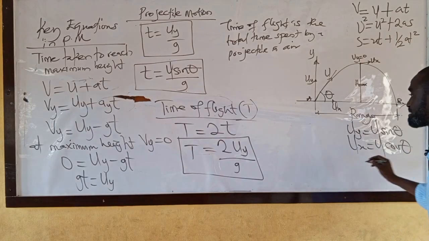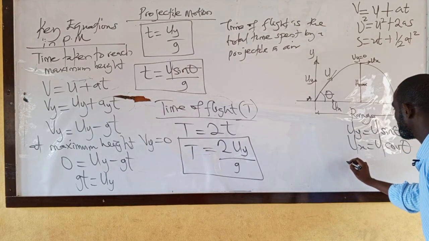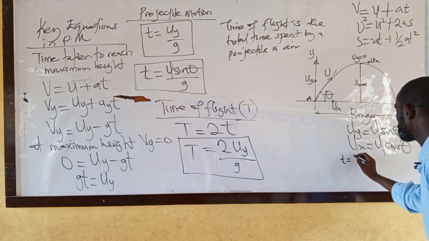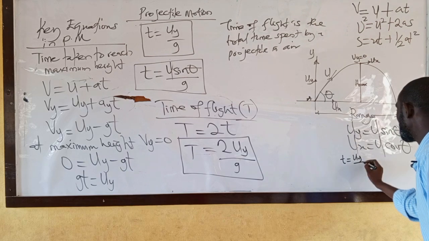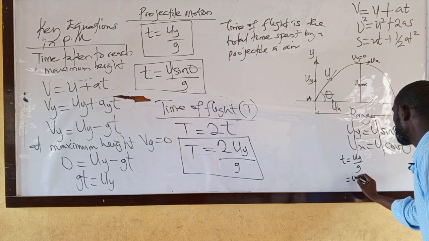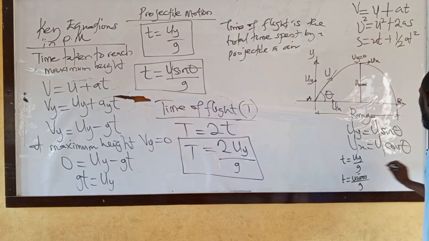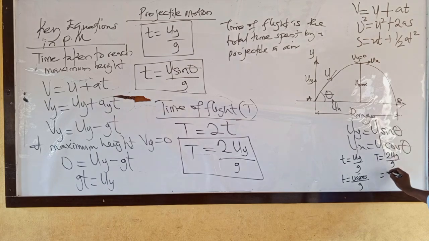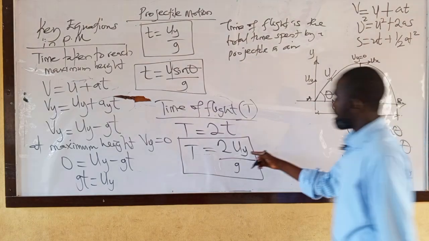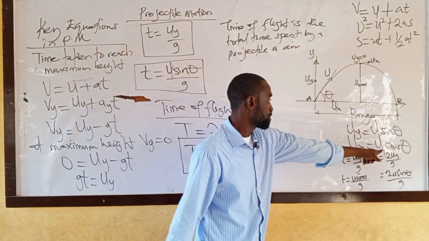So what's our time of flight? Our small t equals u y over g, or u sin theta over g. That's our small t. And our big T equals 2u y over g, or 2u sin theta over g, because u of y is u sin theta.